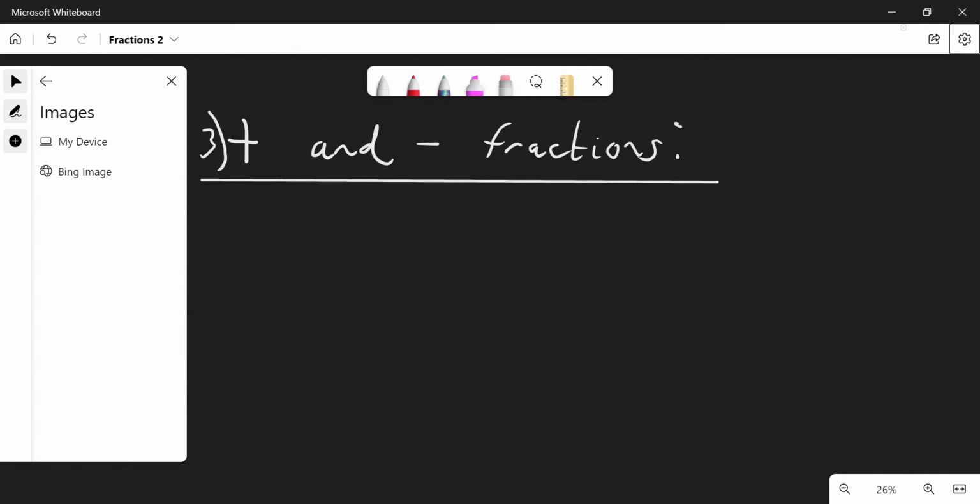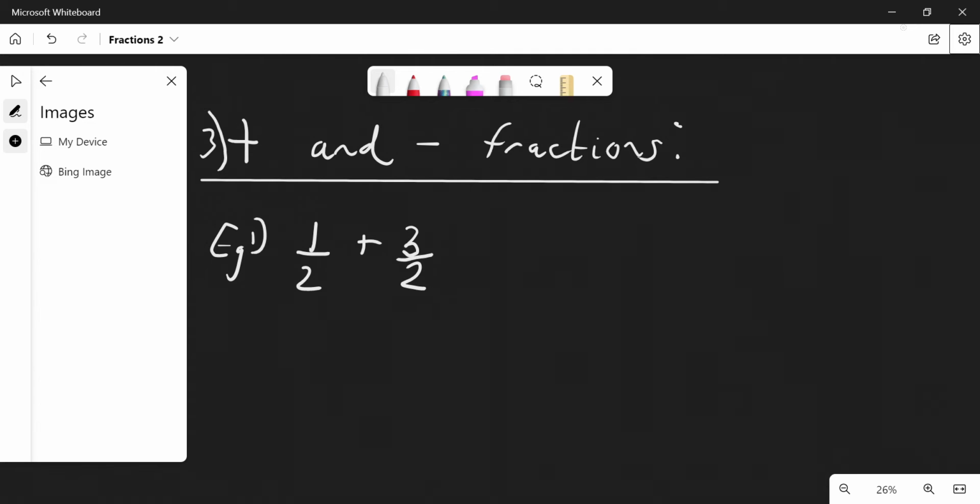All right, so first off, let's start by looking at what is happening when we're adding fractions. So what's happening when I'm adding, for example, example one, when I'm adding a half plus, let's say, 3 halves.